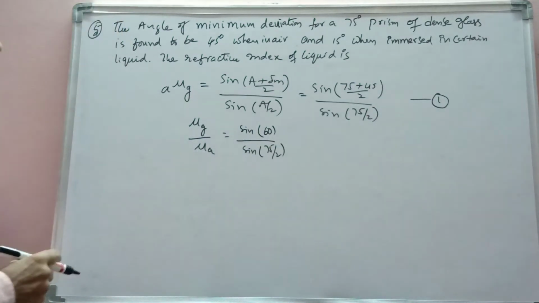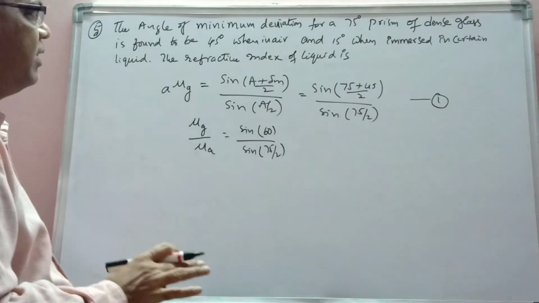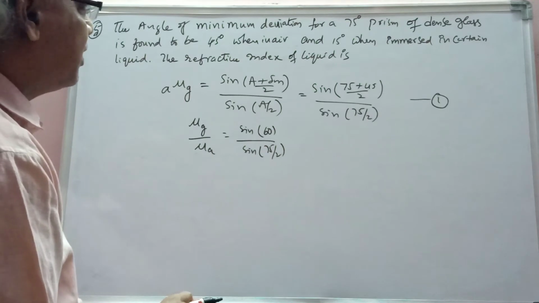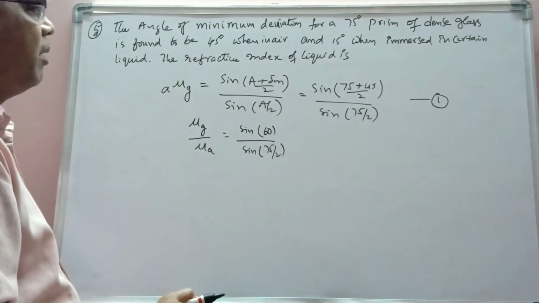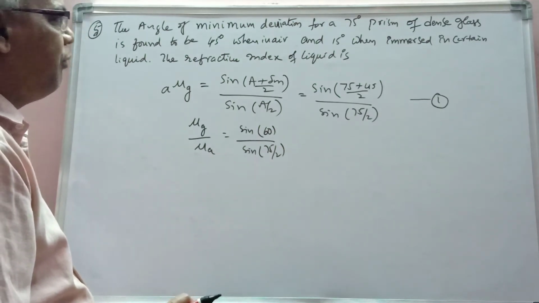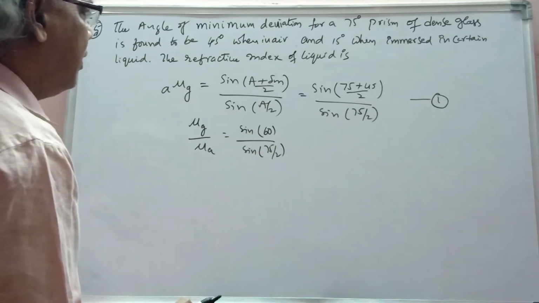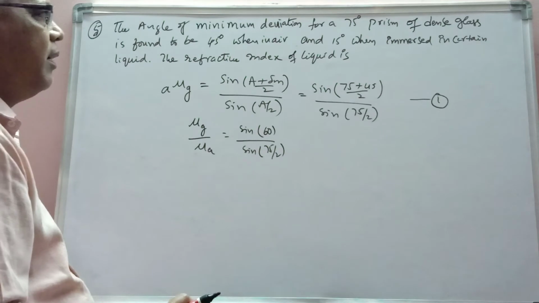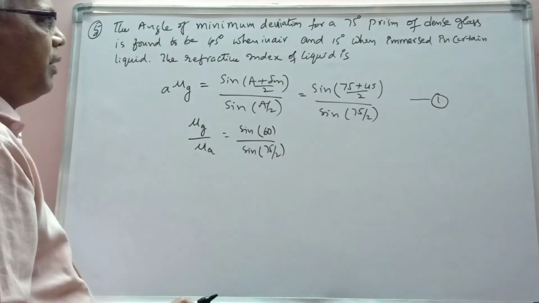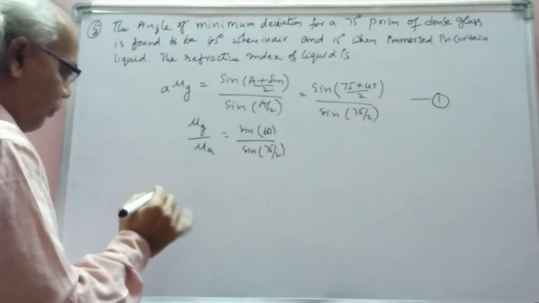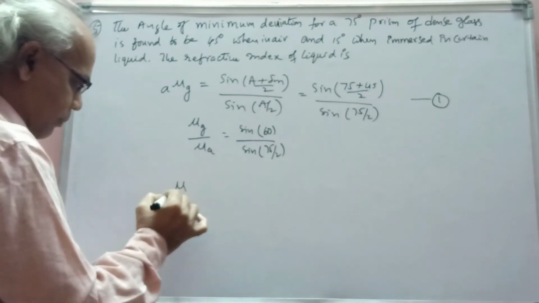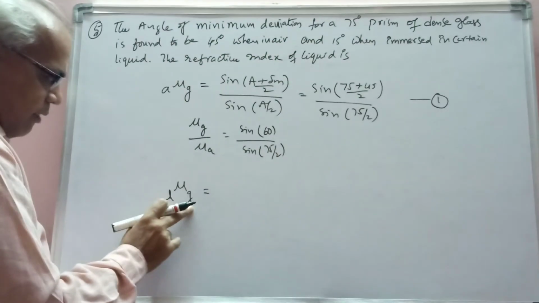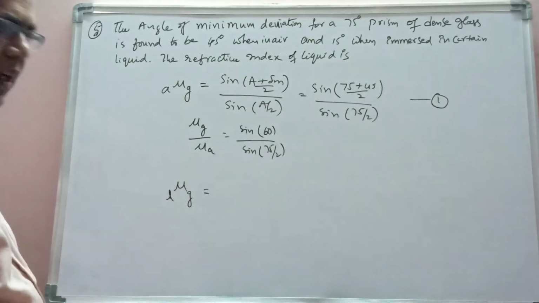The same prism is immersed in liquid. When it is immersed in liquid, the minimum deviation is 15 degree. So here the same formula, but L mu G. Here we are finding the refractive index of glass with respect to liquid.